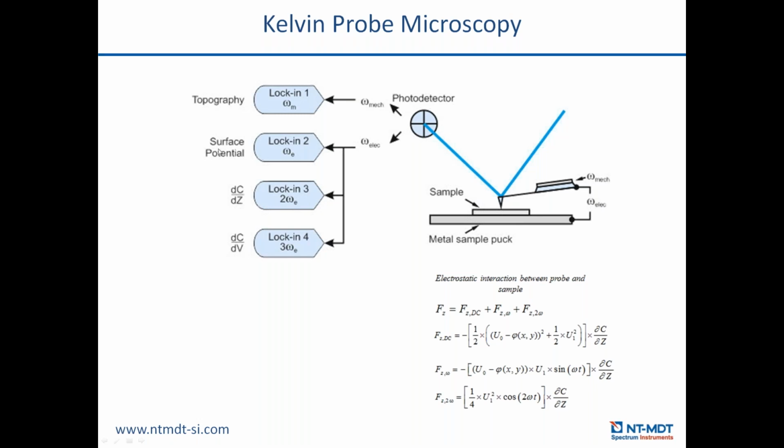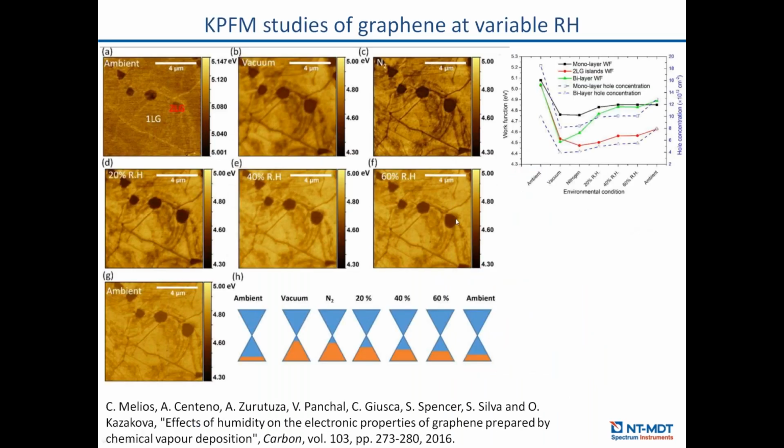And at different frequencies, using multiple lock-in amplifiers, we can, for example, map the surface potential at the first frequency, dC/dz at the second harmonic, and dC/dV at the third harmonic, getting the electrostatical maps together with the morphology.